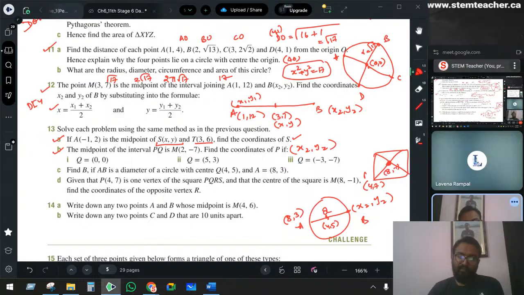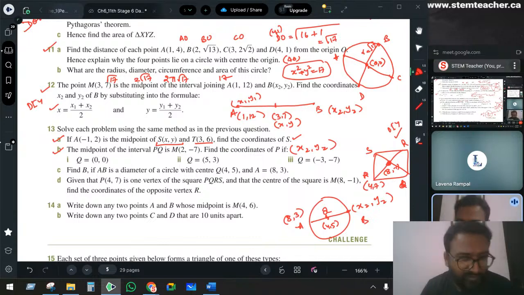This is A, B, C, D, and you will get D. You can get D. That's it. And given P, it is PQRS, then the center of the square.